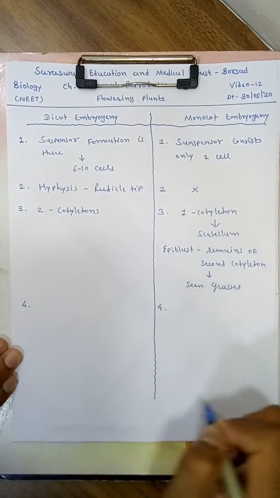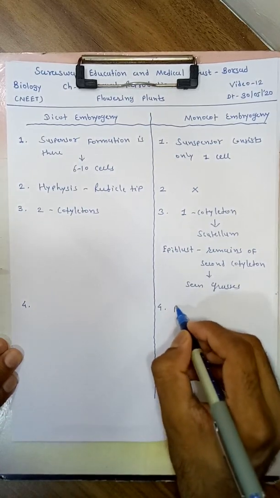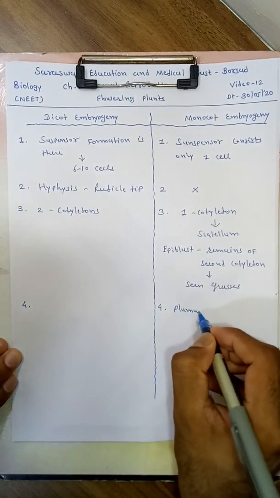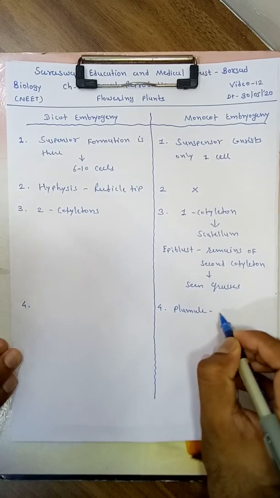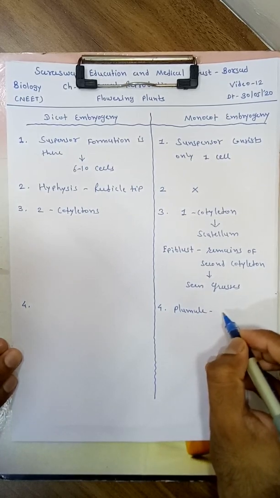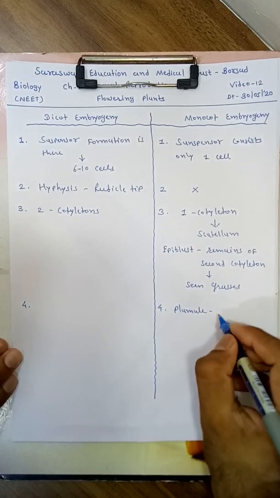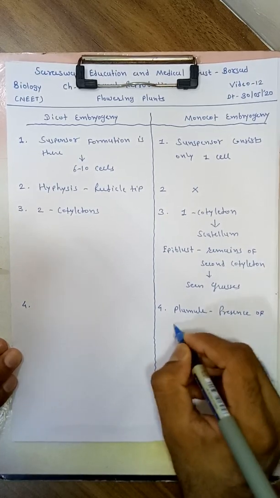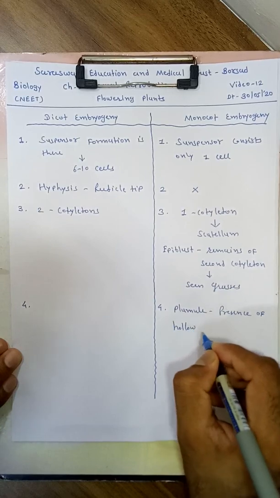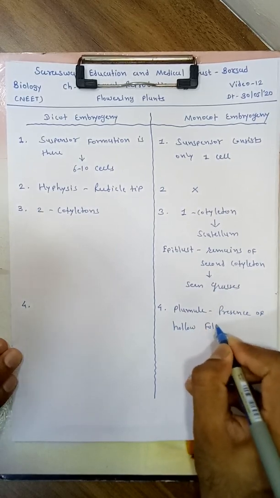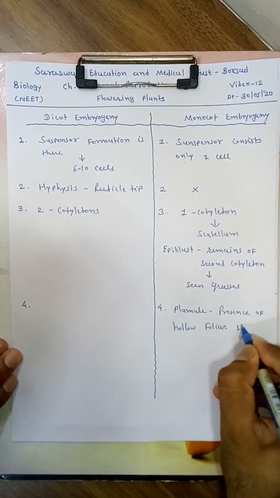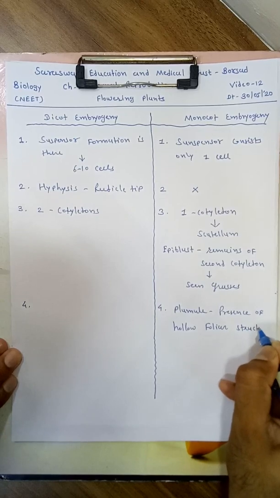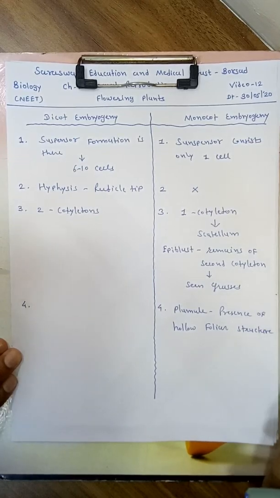in case of monocot plants, above the plumule there is a presence of a hollow foliar structure. પોલું પર્ણમય રચના તમને જોવા મળશે કોની ફરતે? ભ્રૂણાગ્રની ફરતે.